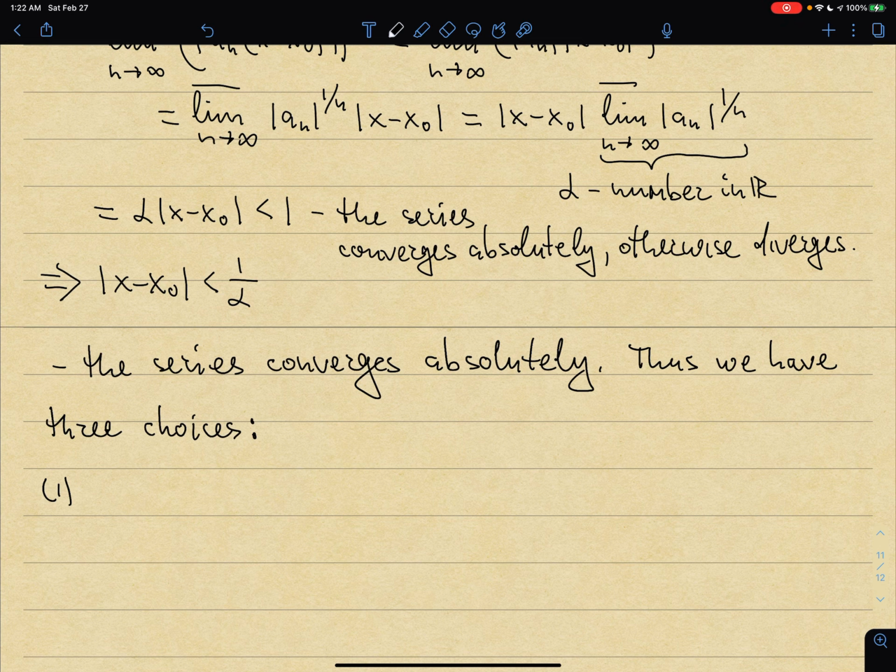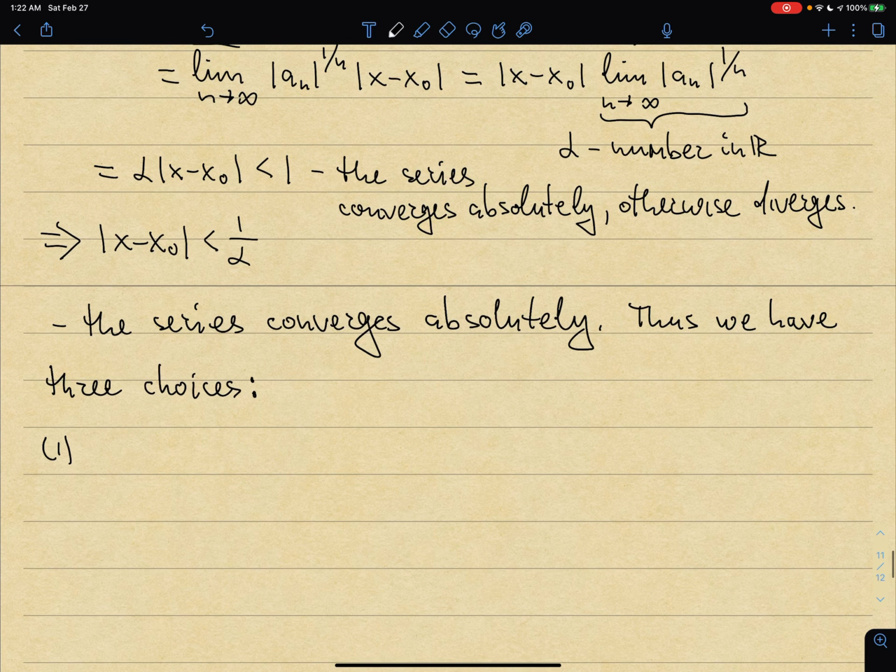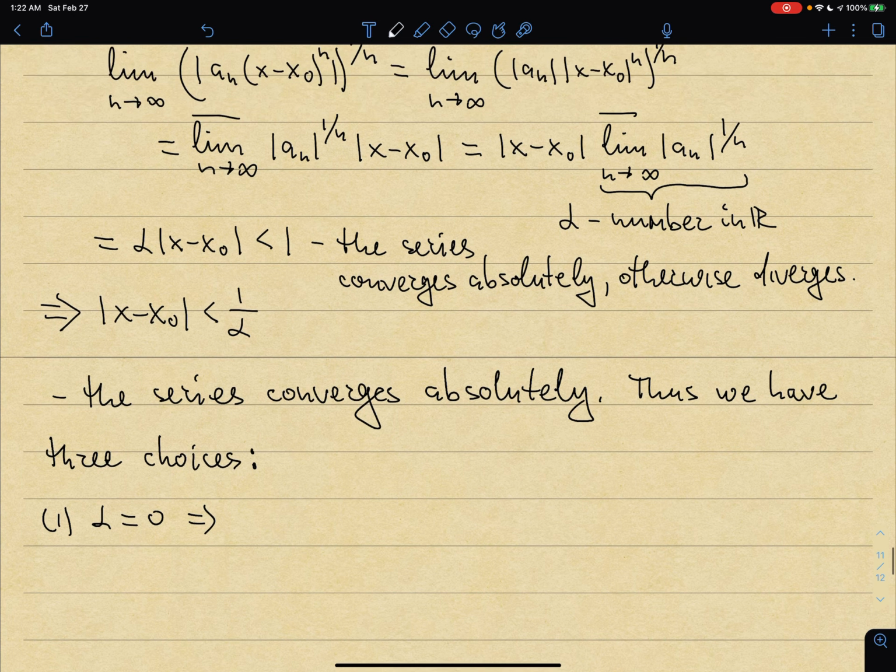If lim sup is equal to 0, so first case, alpha is equal to 0. Well, then my division here doesn't make sense, right? Because 1 over 0 does not make sense. But 1 over 0 is kind of like infinity. Regardless, if I look at where this inequality came from, it came from here.